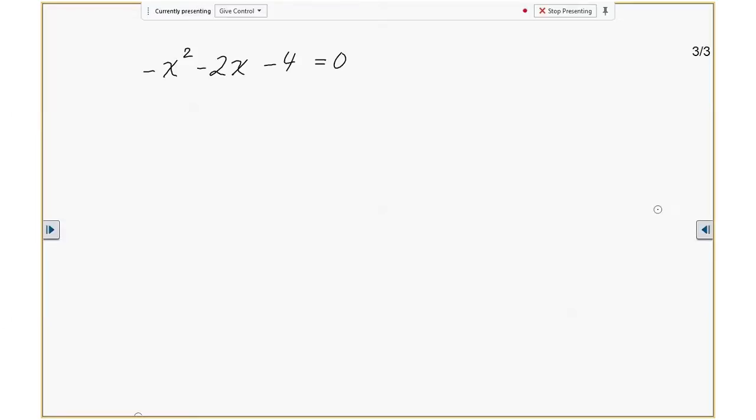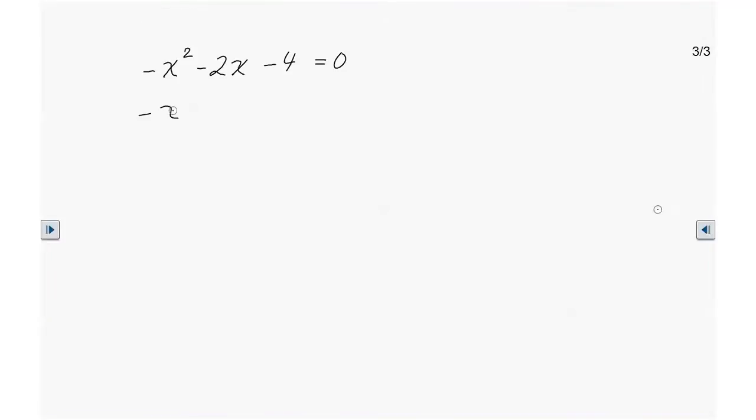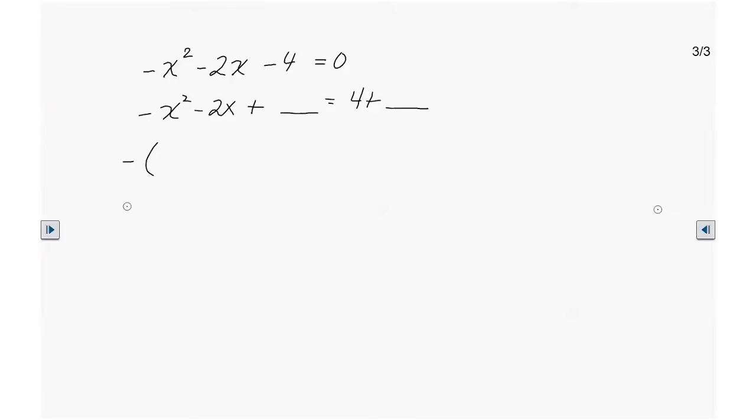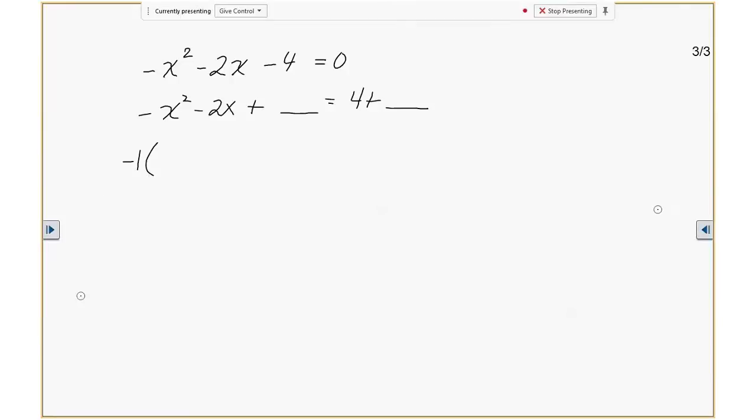All right, so we continue with complete the square, and we're gonna have negative x squared minus 2x plus blank is equal to 4 plus blank. Factor out a negative, and that's going to actually factor out a negative 1.